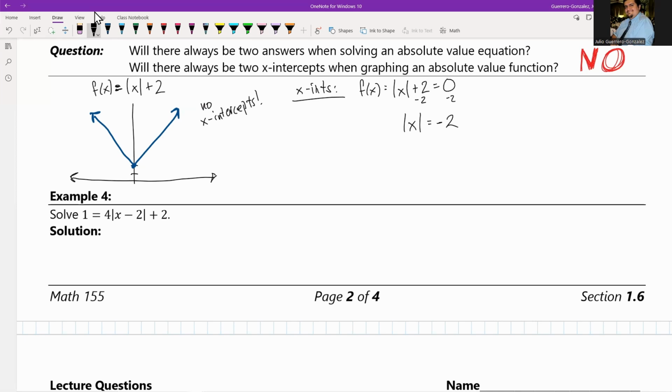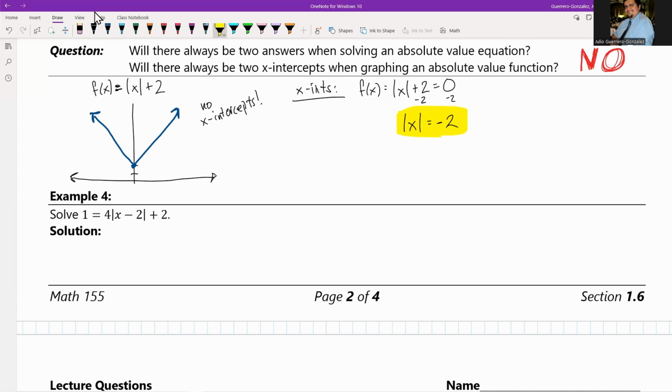Now here's the important thing. That right there cannot happen. If you remember from the very beginning of the class, the absolute value is defined to be the distance away from 0.